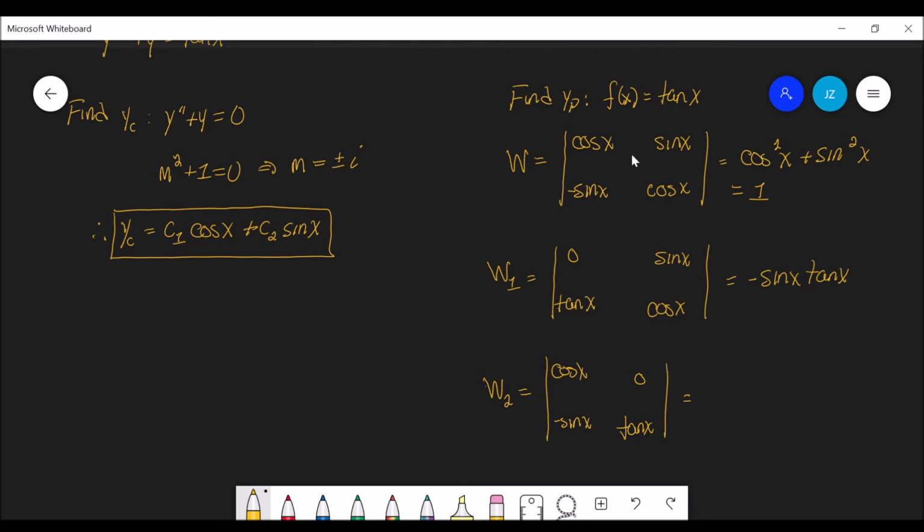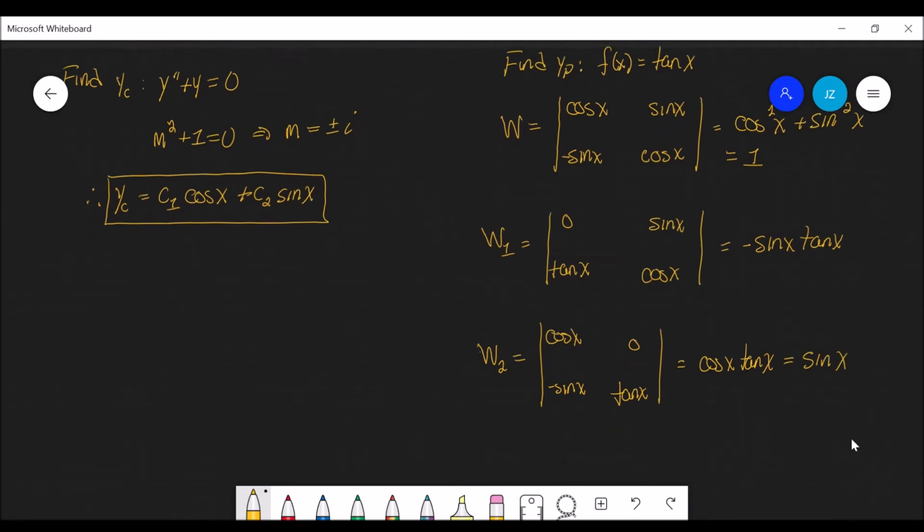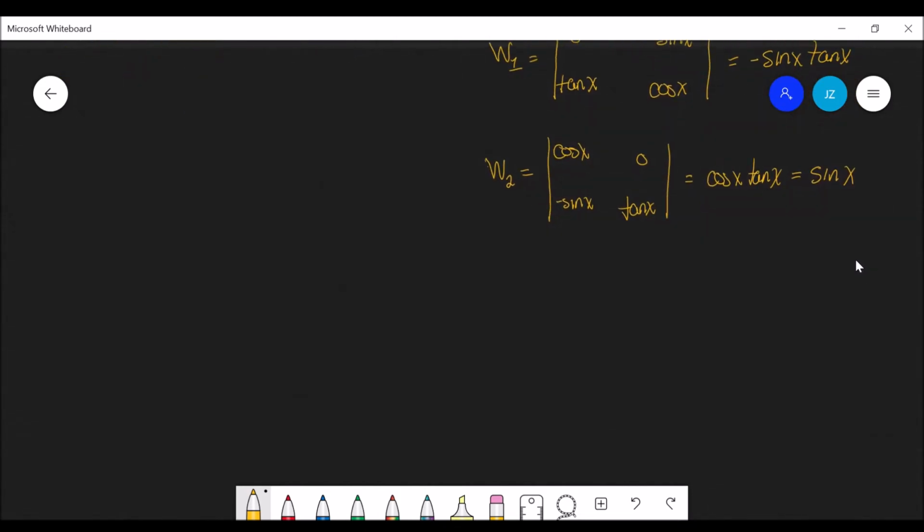So here we get cosine x times tangent x. And since tangent is sine over cosine, this is simply sine. So u1' would be negative sine x tangent x, and u2' would be sine of x.